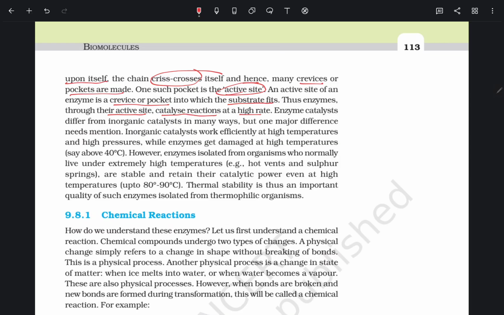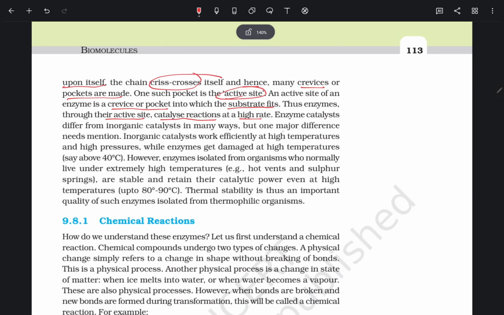Enzyme catalysts differ from inorganic catalysts in many ways, but one major difference needs mention. Inorganic catalysts work efficiently at high temperature and high pressure, while enzymes get damaged at high temperatures, say about 40 degrees Celsius.